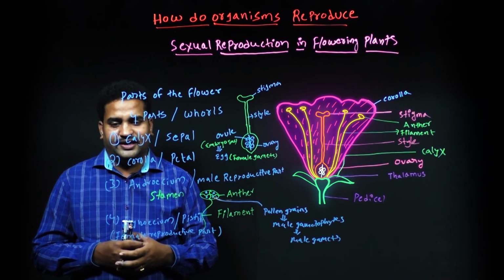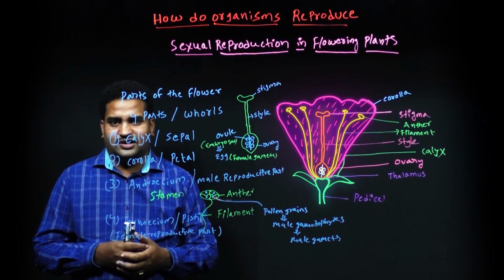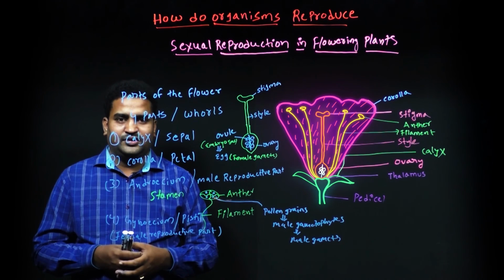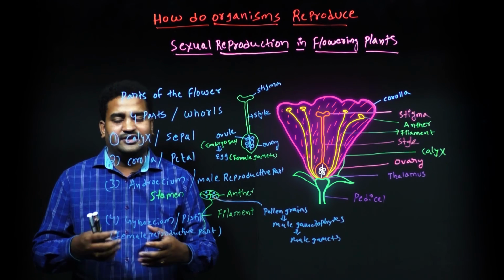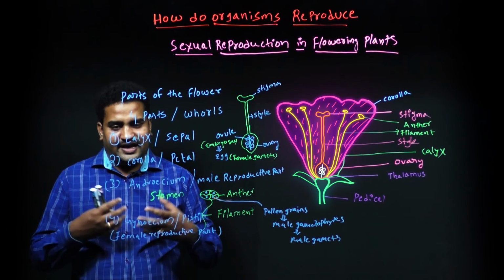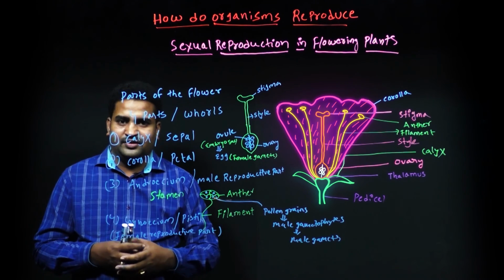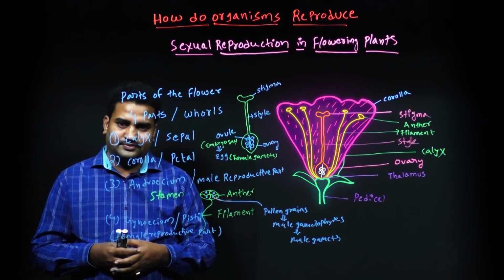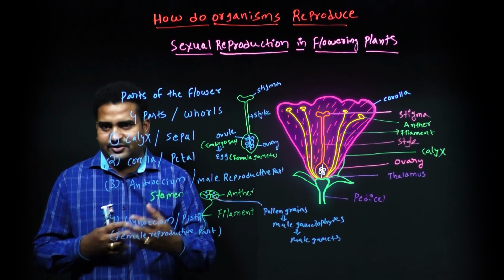If a flower contains all these whorls, then this flower is called a complete flower. If a flower misses any part, then it is known as an incomplete flower. The accessory parts of the flower are calyx and corolla, and the reproductive parts are androecium and gynoecium.